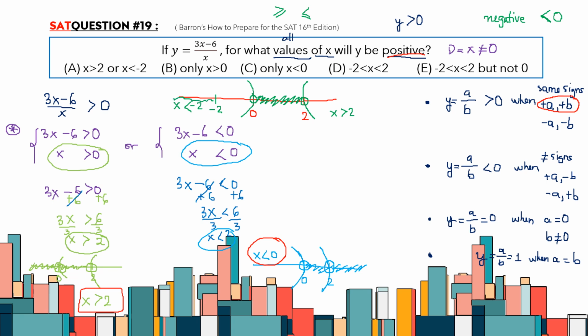This part is right because it falls in the solution set we just found.